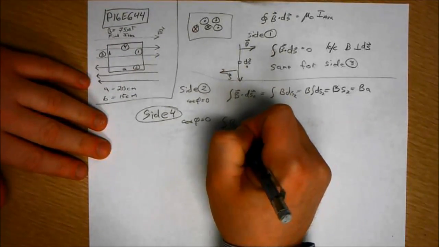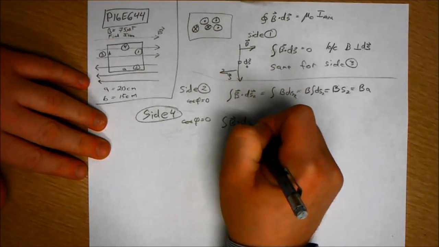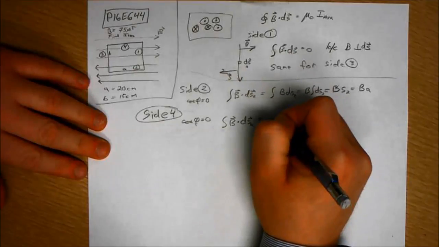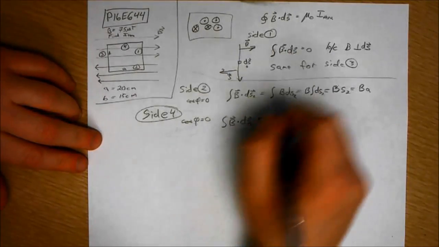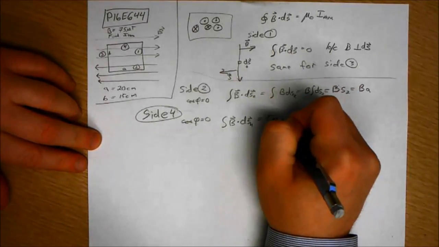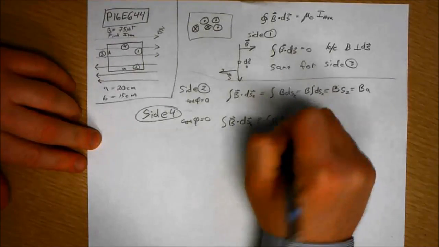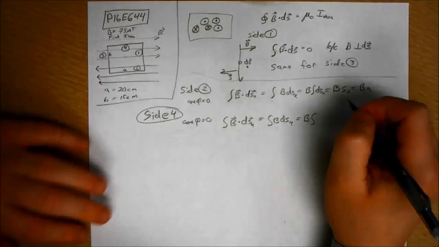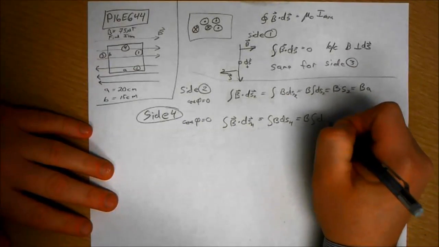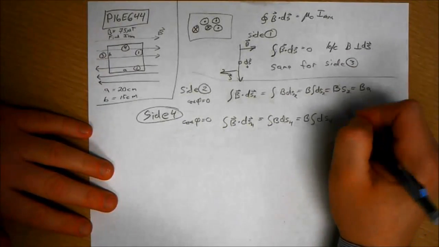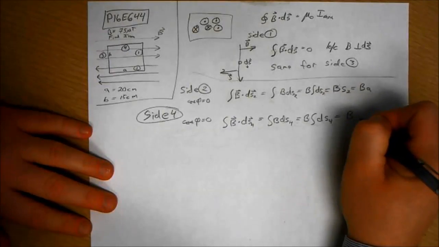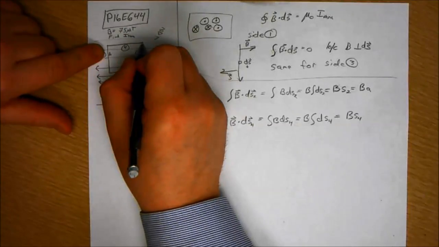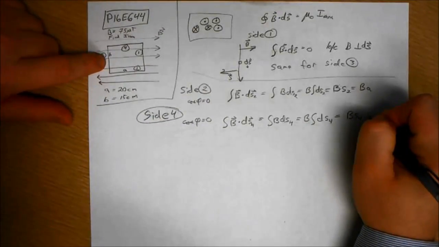So the integral of B dot ds4 is just B times ds4. The magnetic field is constant everywhere on that path, so I can pull B out of the integral. So that's B times s4. S4, just this path from here to here, is just BA.